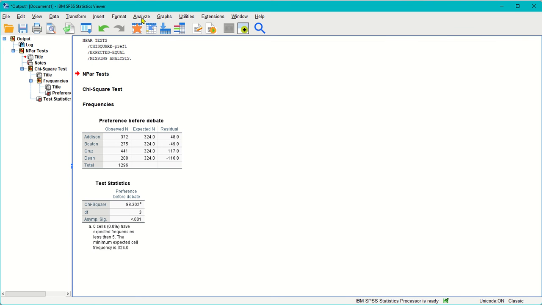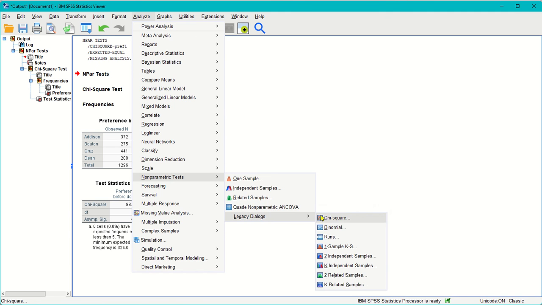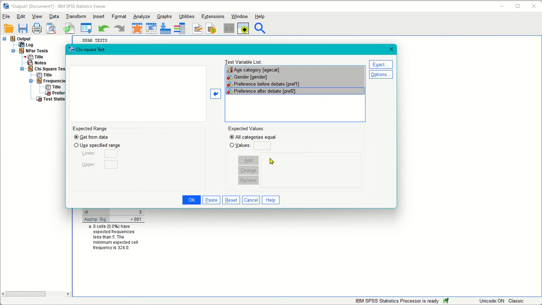When you perform this non-parametric test in SPSS, you can actually throw in several variables all at the same time. So let's reset, and get a Chi-Square goodness of fit for each individual variable. It's not going to do any comparisons between, say, before and after the debate, but it will look at the different categories within each of those variables to see if there is a difference.